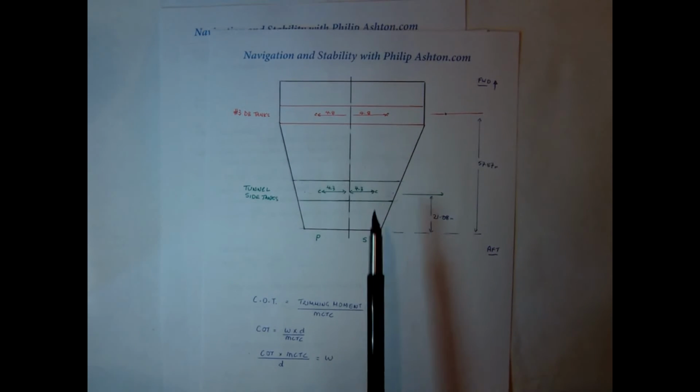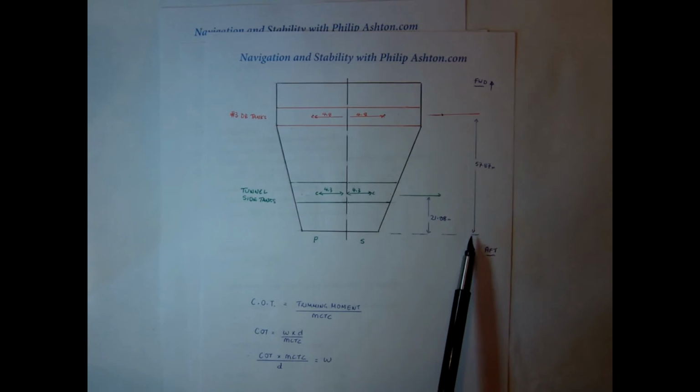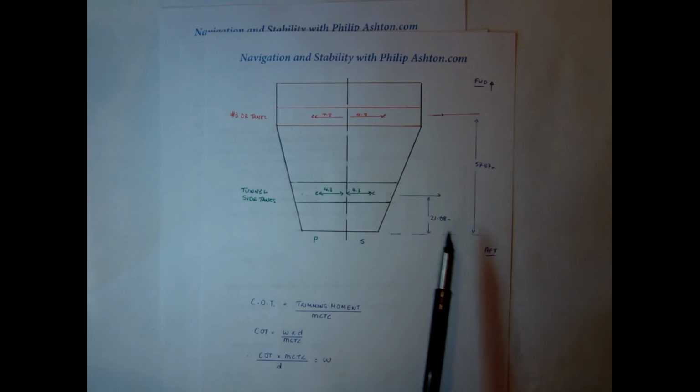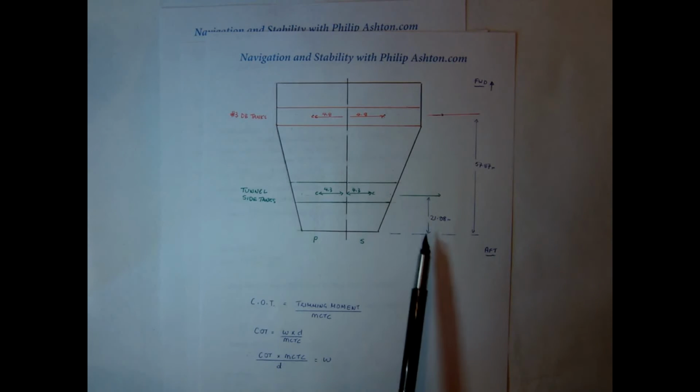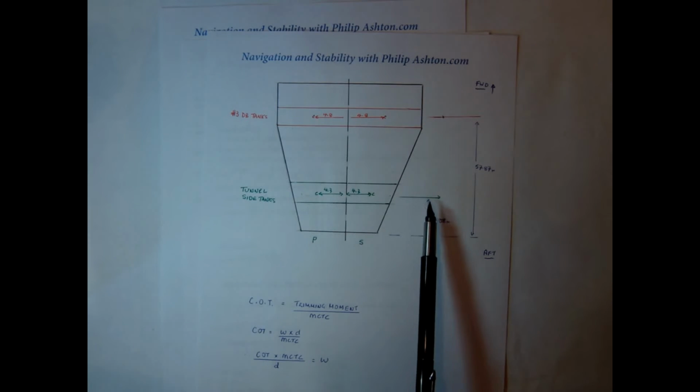The distance will be the distance longitudinally between the two tanks. And when we go in the data booklet, we see that number 3 double bottom tanks are 57.87 longitudinally LCG, and the tunnel side tanks are 21.08. So what we're going to do is move this weight longitudinally from 21.08 to 57.87.